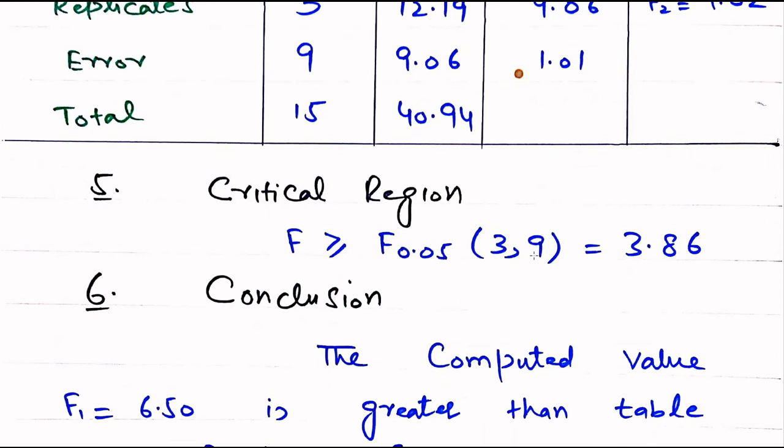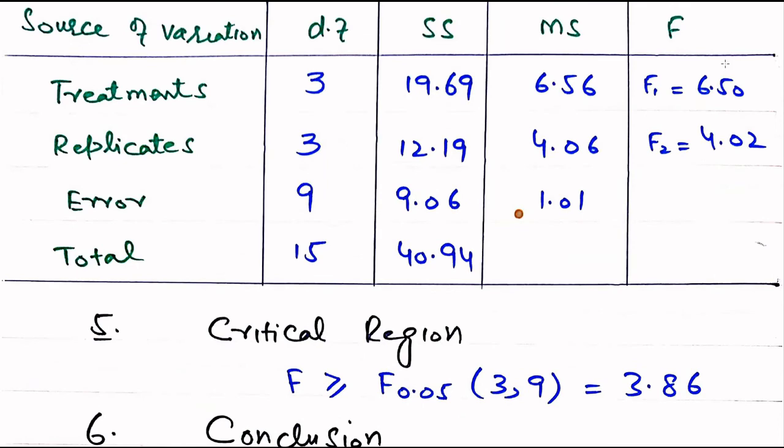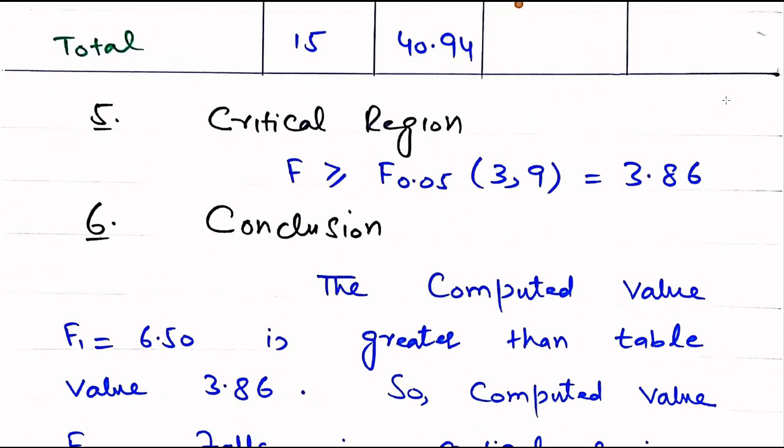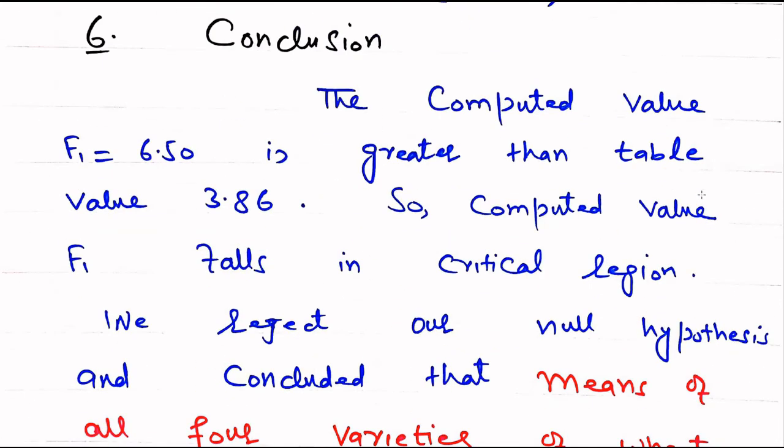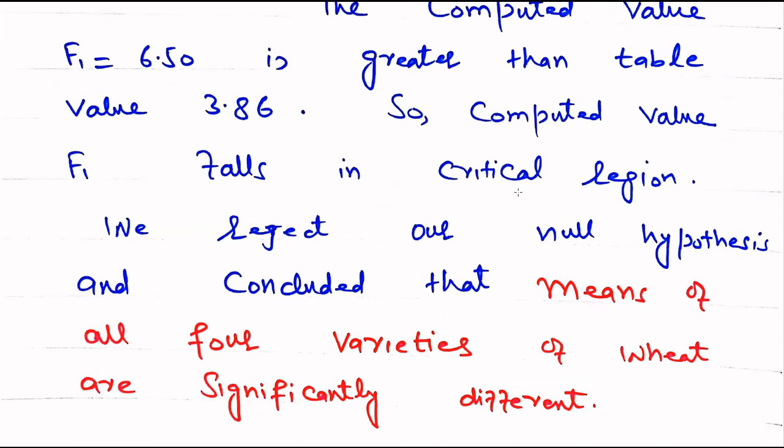So we check it in the F table, v1 3 and v2 9. Our table value is 3.86. Because our computed value 6.50 is greater than 3.86, we reject H0 and accept H1, and conclude that the means of our 4 varieties of wheat are significantly different.